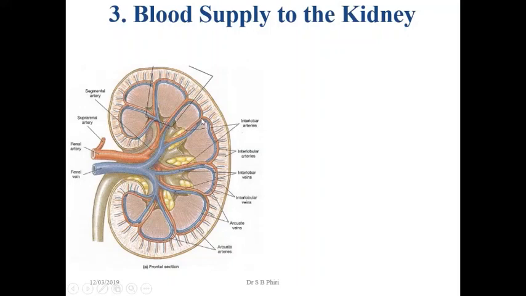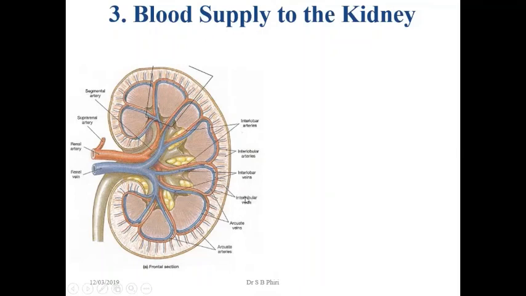The interlobar arteries can communicate at the junction between the cortex and the medulla, where you have the communicating arteries called arcuate arteries. From these arcuate arteries, you have branches coming off, which are called interlobular arteries.